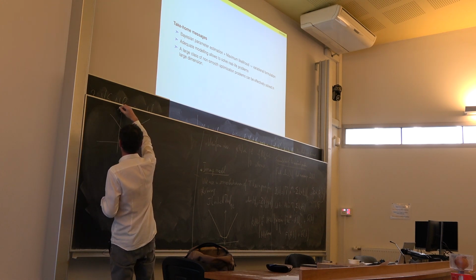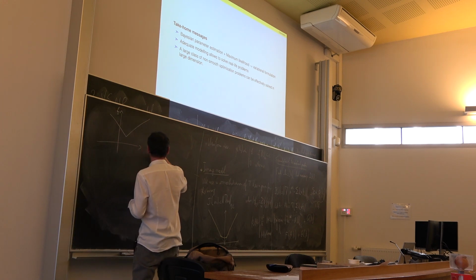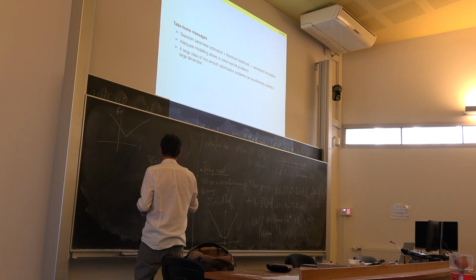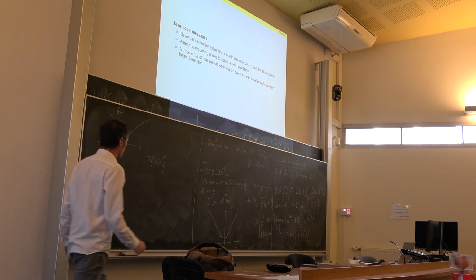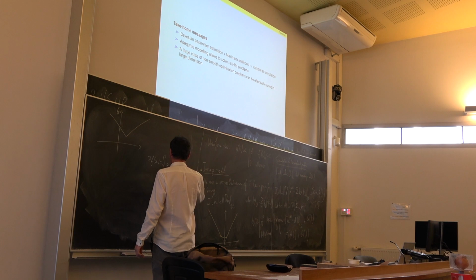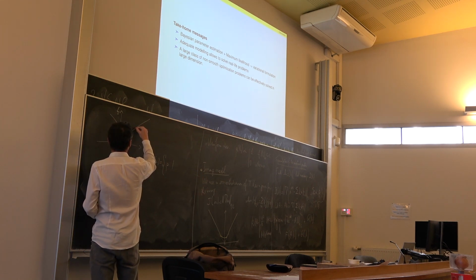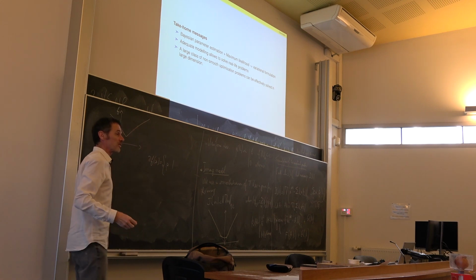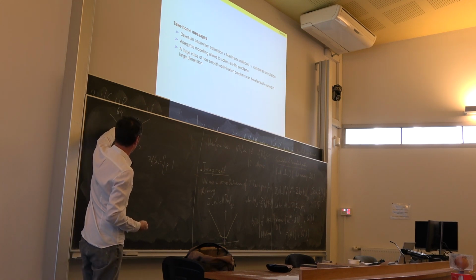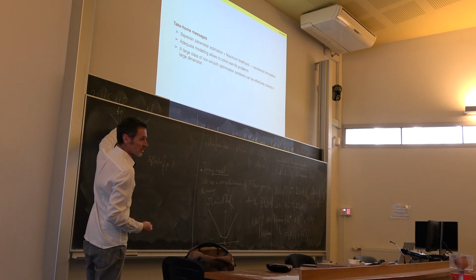Let me call it f. So what is the subdifferential of f at a point x? It is the set of slopes p such that, in fact, here there is only one slope, and here it is a set of slopes such that the tangent will stay under the graph.